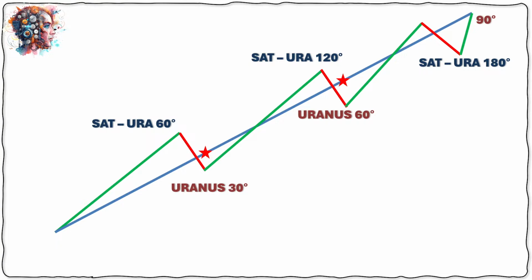I will show you this working like a clockwork on the charts. We will move to the real market application in the next 2 minutes. You understand? If Uranus 30 was to come before, Saturn Uranus comes later, Uranus 30 will put in a top.